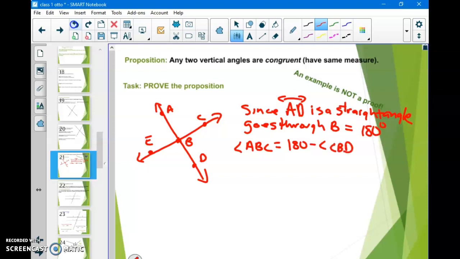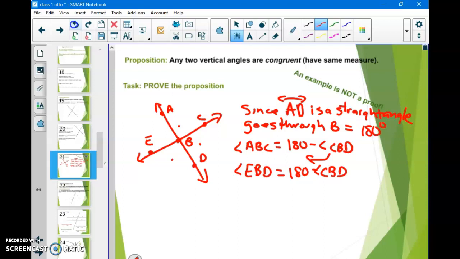Basically what I'm saying is, if I add this to the other side, this angle and this angle added together equal 180, just subtracting that from both sides. That's true enough. So let's try another equation. Let's say that angle EBD is equal to 180 minus angle CBD.